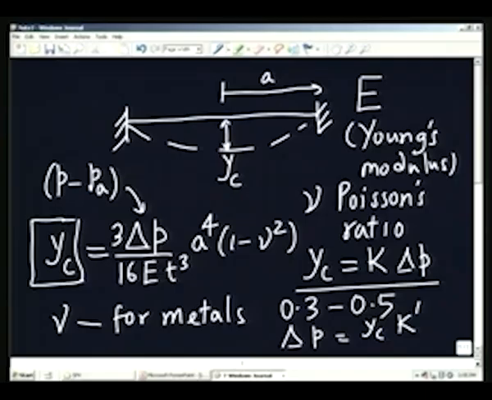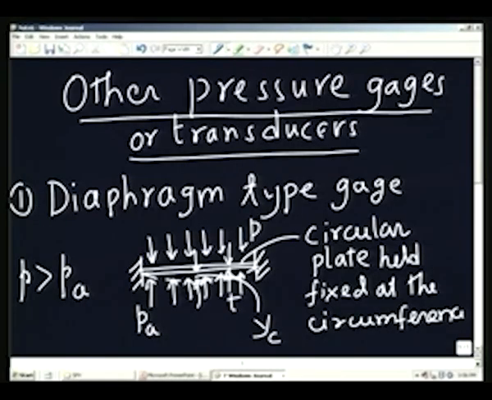Therefore, if you have a diaphragm as is indicated here, and if you have a method of measuring the displacement at the center, of course, you can measure the displacement at some other location also.